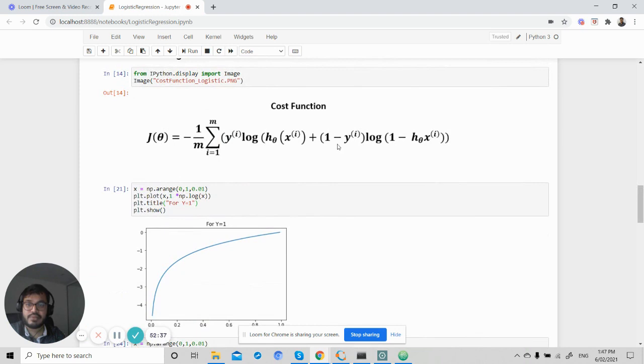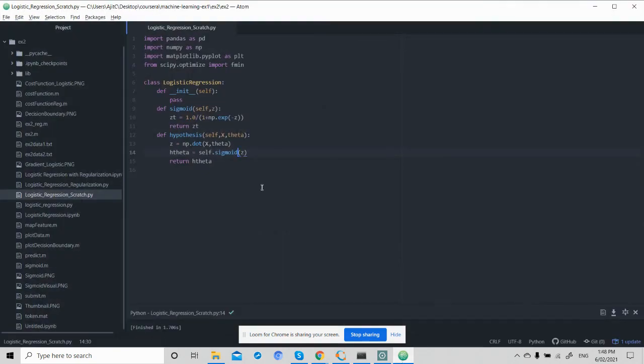Now we will write this equation in Python, and we will implement this equation. So let's write this equation.